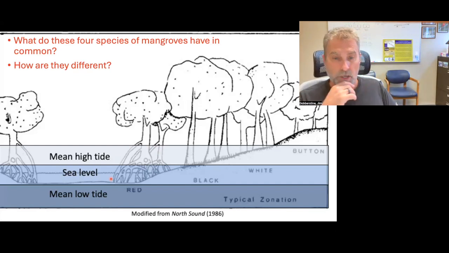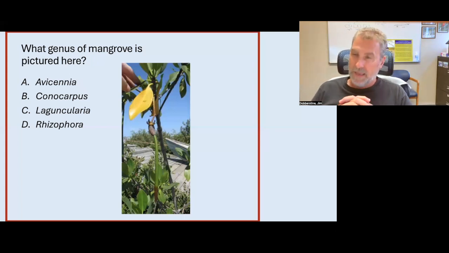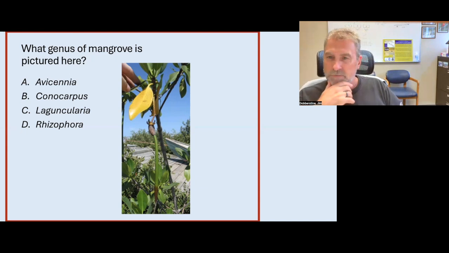All right. So, okay. This leads us to, again, a clicker question. So when we looked at this in class, I'm showing you now this mangrove, and I'm asking you, is this black mangrove, button mangrove, white mangrove, or red mangrove?